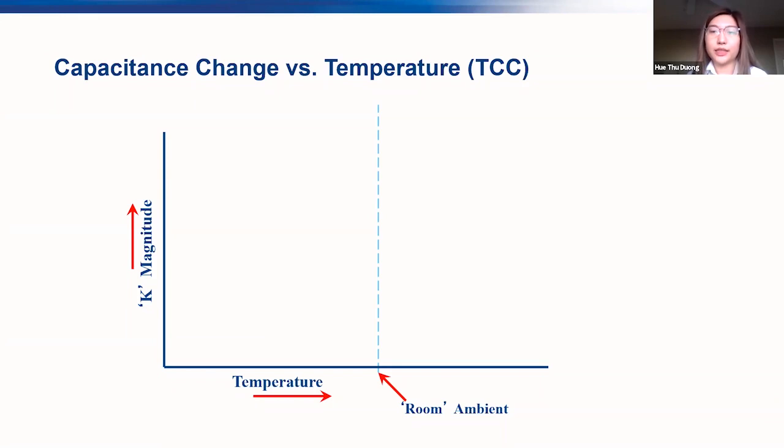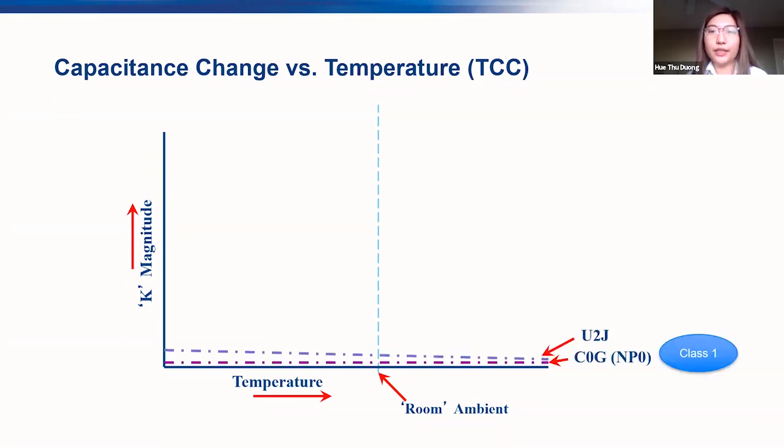Class 1 dielectrics such as C0G and U2J have relatively low dielectric constants, which results in lower capacitance values compared to class 2 and 3. Even though they have lower capacitance values, they are very stable over temperature compared to class 2 and 3.